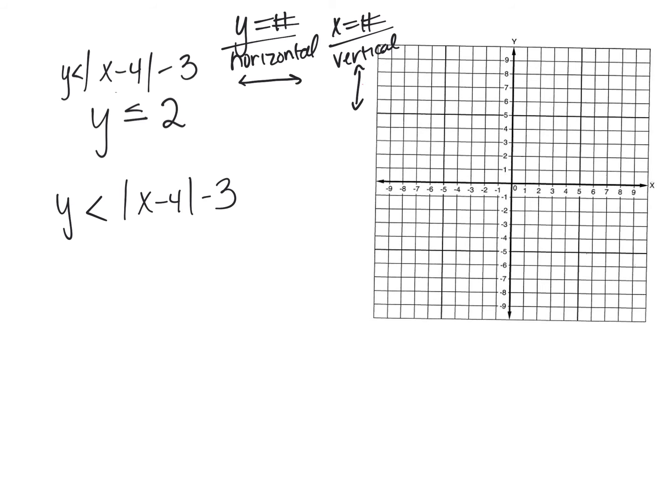Okay, so what do our absolute value graphs look like? What does an absolute value function look like? Just graphed them on the test. No. What was the question?